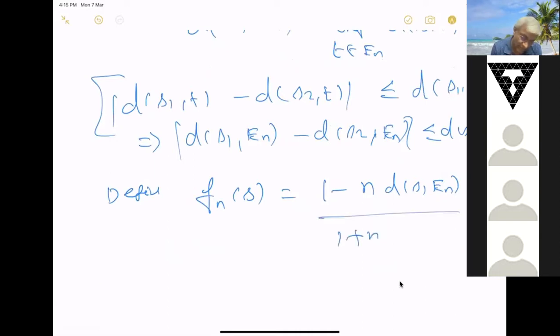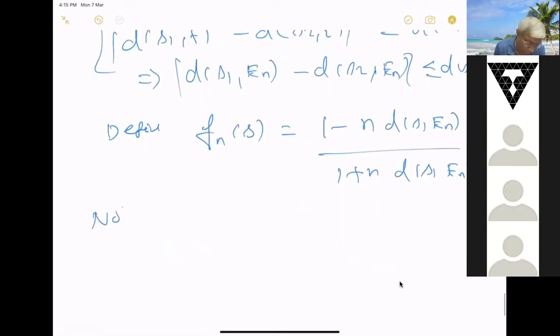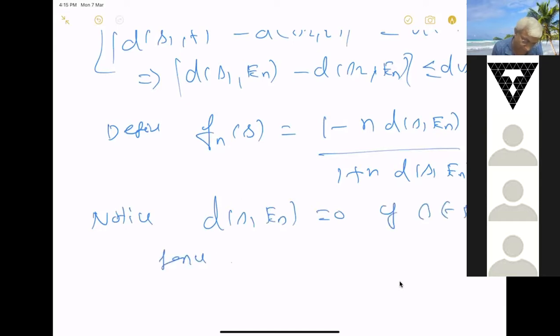Notice d(s, E_n) equals 0 if s is in E_n. Hence F_n(s) is 1 if s is in E_n.